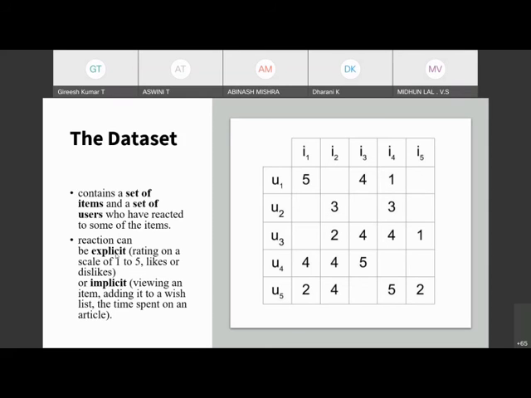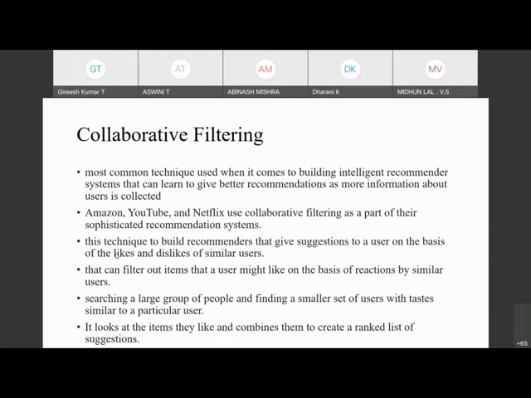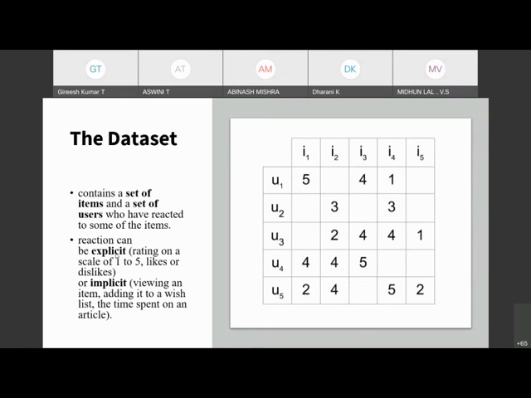Based on that, you extract the features, and that feature set you are going to give to the algorithms. So these are the two ways you can generate the data set for collaborative filtering.